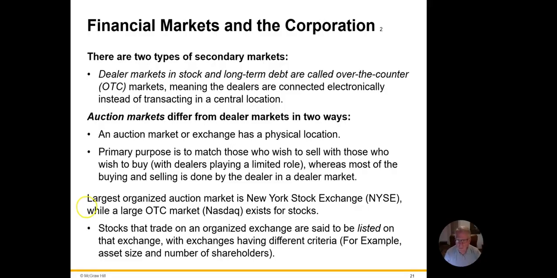They're used pretty often when we talk about stocks, which we will more in this course. Stocks that trade on an organized exchange are said to be listed on that exchange, with exchanges having different criteria. For example, asset size, number of shareholders, etc.